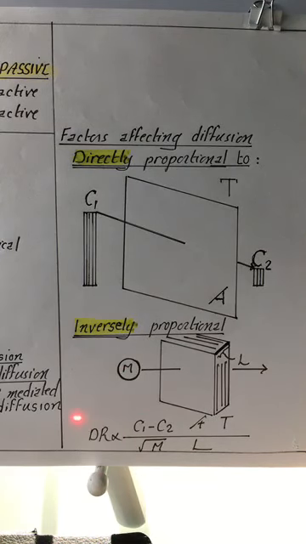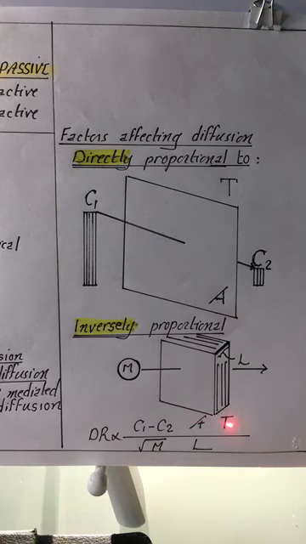The diffusion rate is directly proportional to 3 factors: concentration gradient, that's C1 minus C2, area of diffusion, and the temperature. And it is inversely proportional to the square root of molecular weight and the length of diffusion, that's the distance of diffusion, that's the thickness of the membrane.